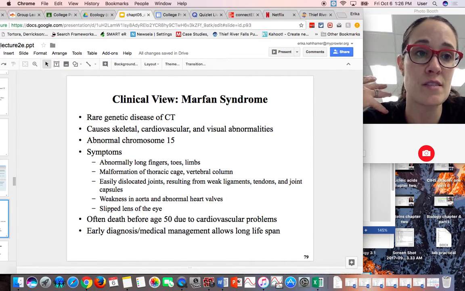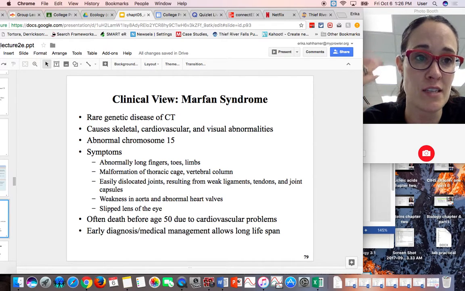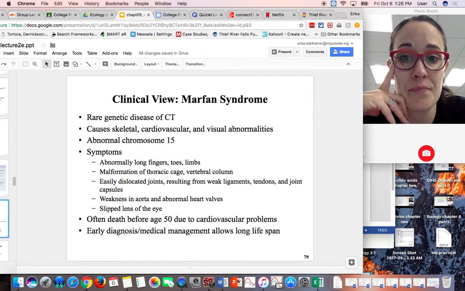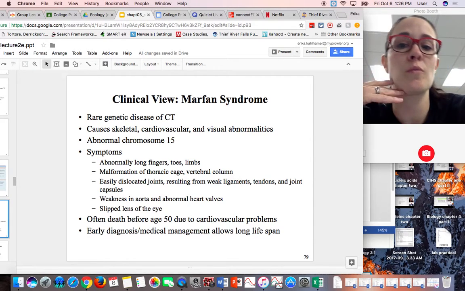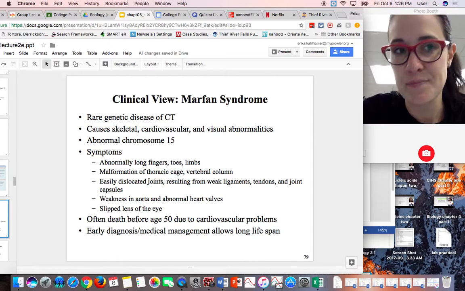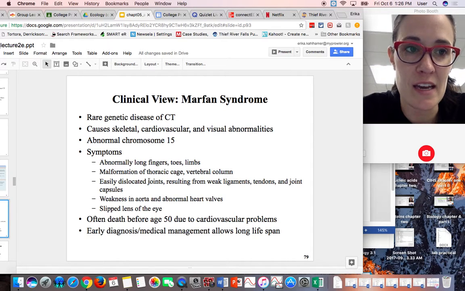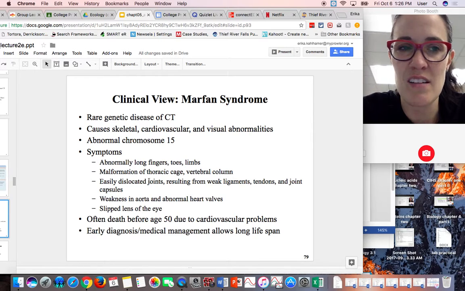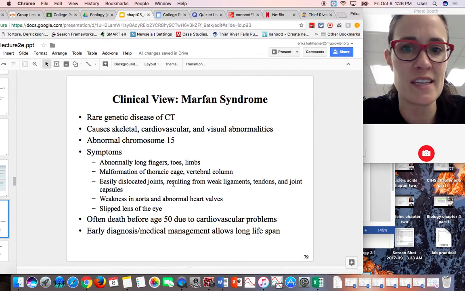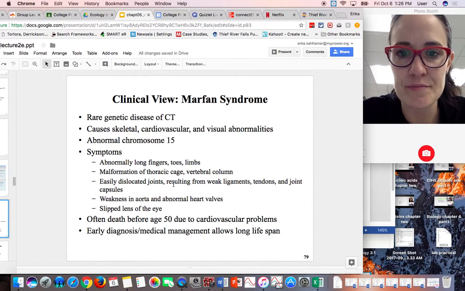It causes your skeletal system to be different, cardiovascular system to be weak, and problems with vision potentially. So what they look like: abnormally long fingers, toes, and limbs. It has been rumored that Abraham Lincoln had Marfan syndrome. So think of the way he looked, elongated. The thoracic cage isn't properly made, doesn't look right.